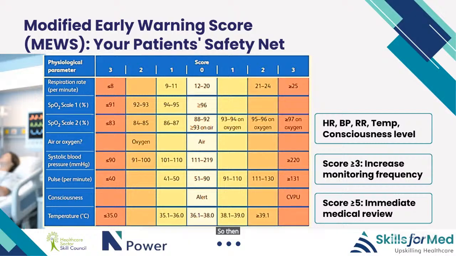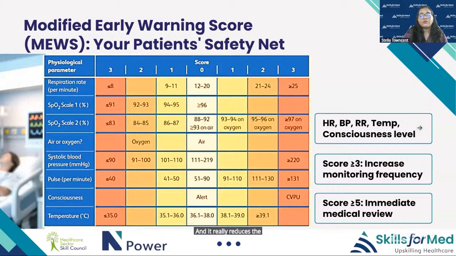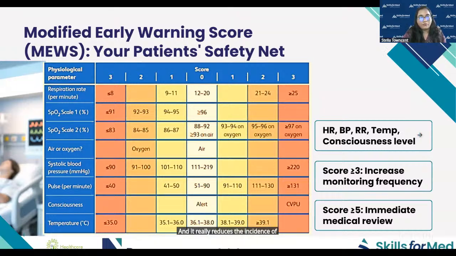Seeing the success of that, many other countries have adopted it, and even in India, we have many hospitals, including my own, who have implemented this MEWS chart, and it really reduces the incidence of in-hospital cardiac arrest. It has been proven beyond doubt.